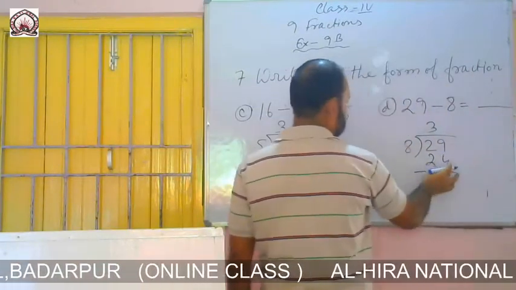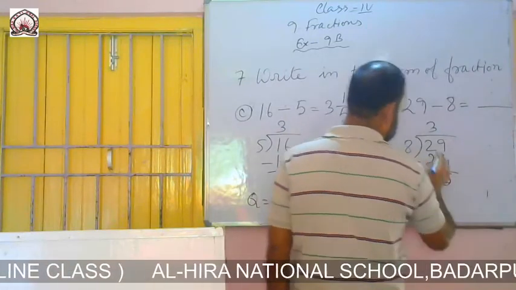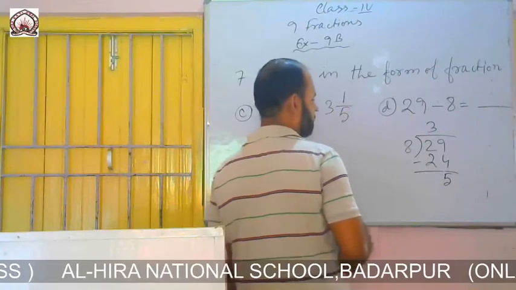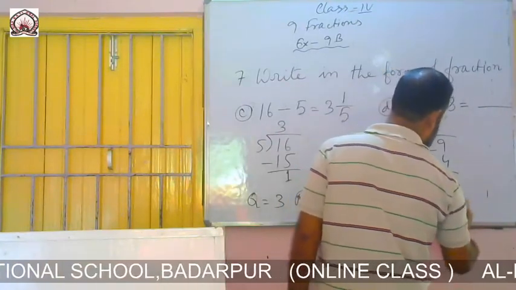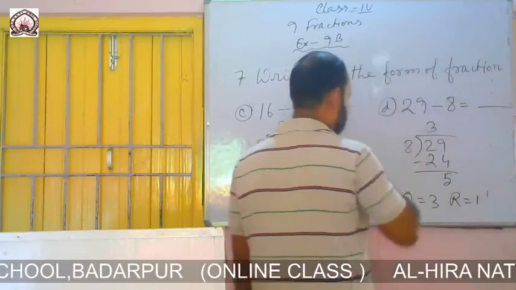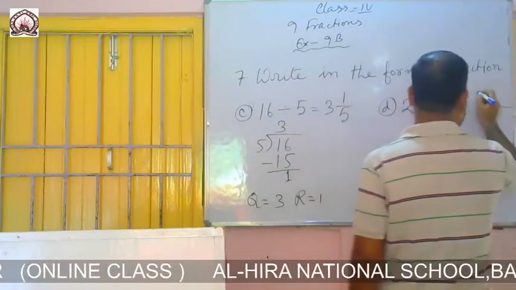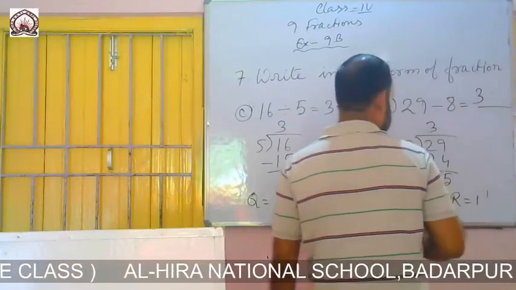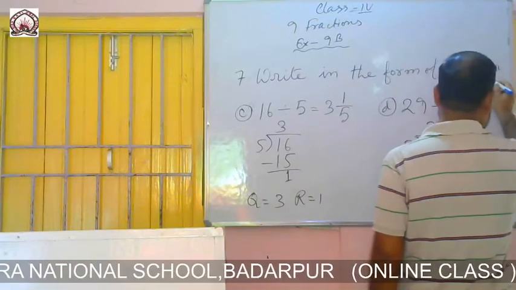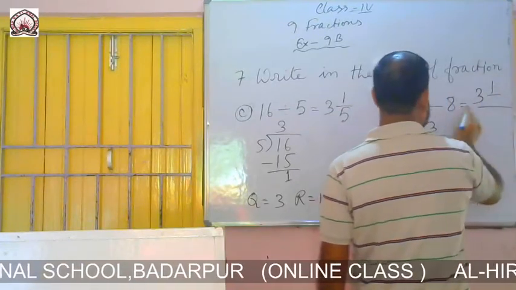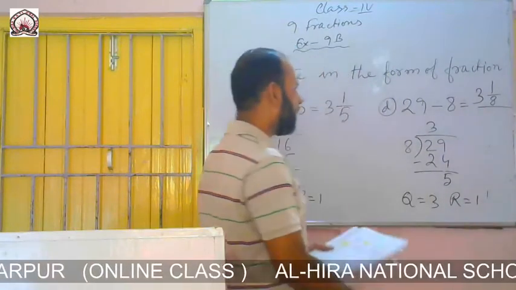So 9 minus 4 is equal to 5 and here 2 minus 2 is equal to 0. So here quotient Q equal to 3 and remainder equal to 1. So fraction is 3 is whole number or integral part and 1 is numerator and denominator is 8. Fraction is 3 1 by 8.